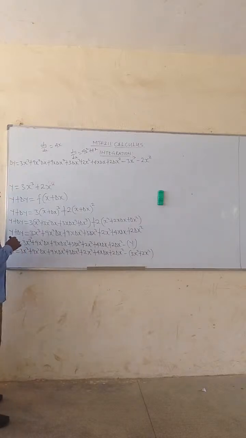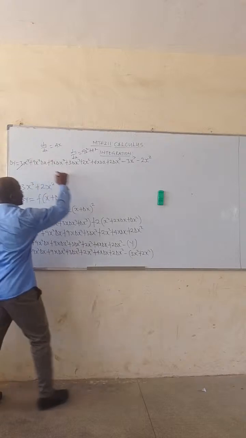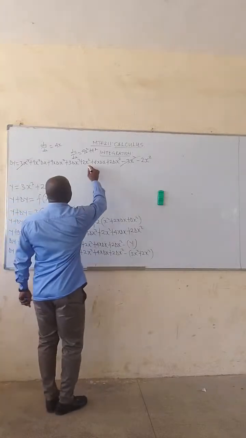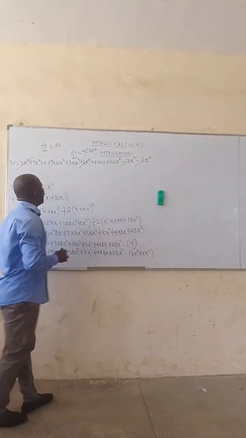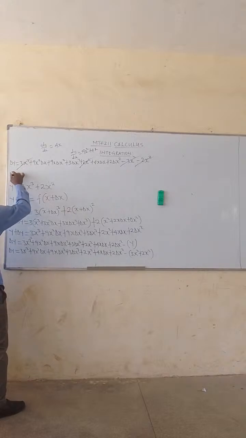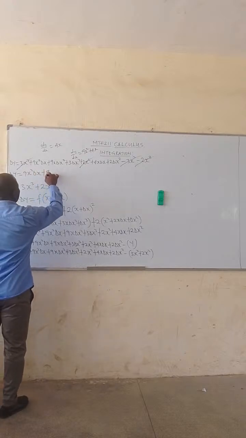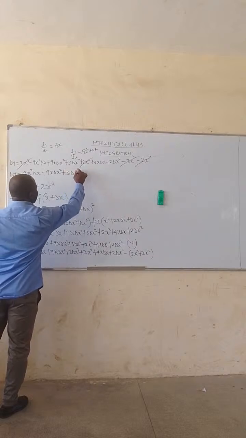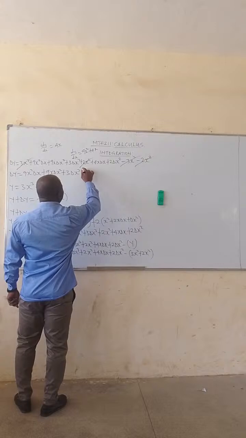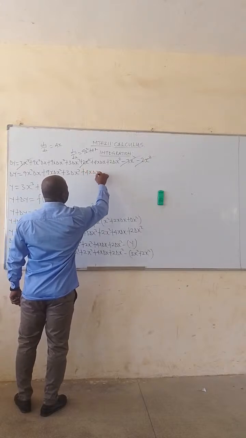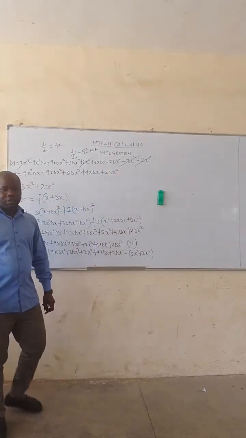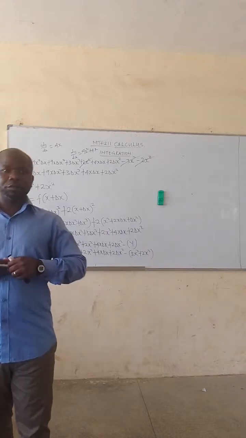So this and this go, and this and this will go. So far, so good. Our dy is equal to 9x squared dx plus 9x dx squared plus 3 dx cubed plus 4x dx plus 2 dx squared. Any question?